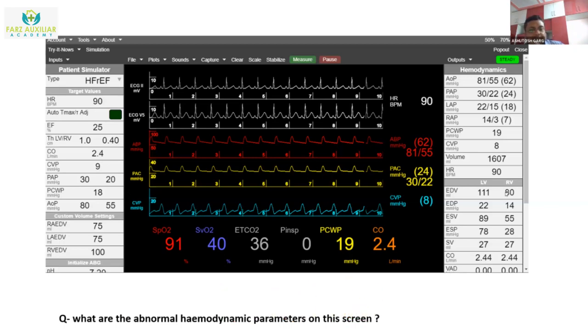Okay, acute MI with cardiogenic shock on the basis of history and examination, or are you including the lab values also? Cardiac index and ABG. Okay. So what are the abnormal hemodynamic parameters on this screen?